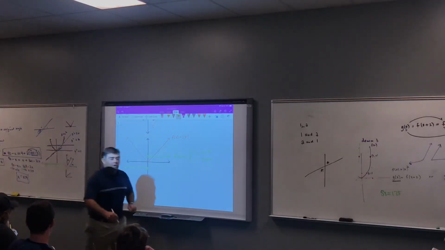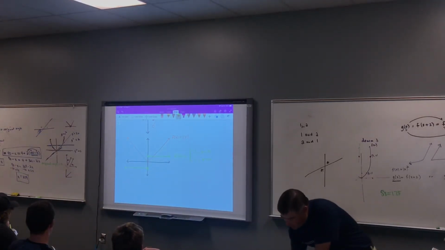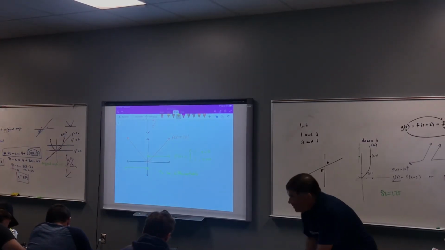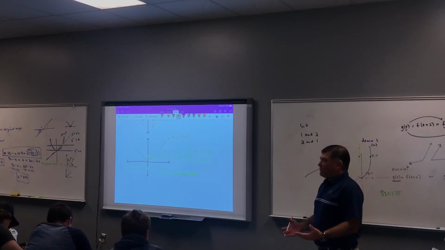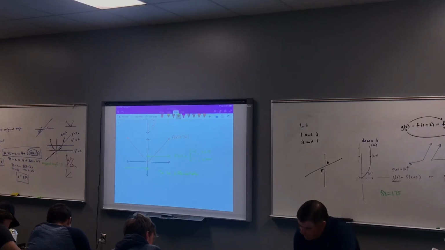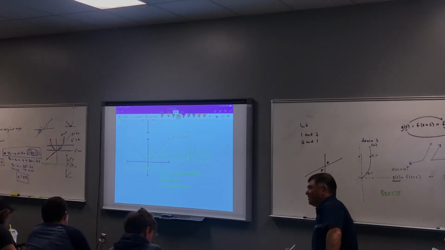Okay? So let me go under here and give you these two conditions. To be differentiable, and differentiable basically means for a derivative to exist, to be differentiable, you have to have two characteristics: continuous, and now, I think this kind of leads to what Hank was talking about too, no sharp turns.